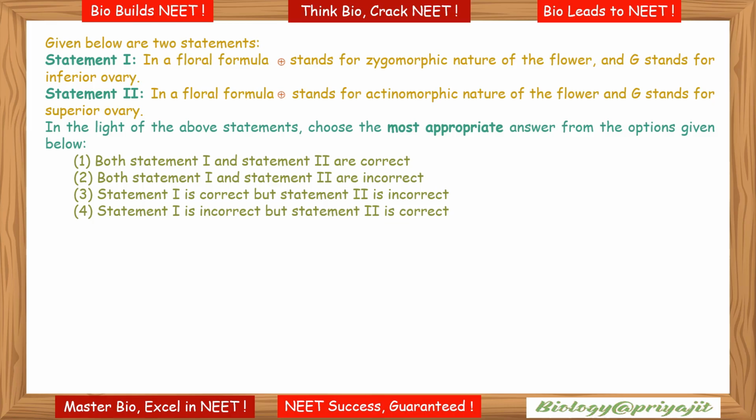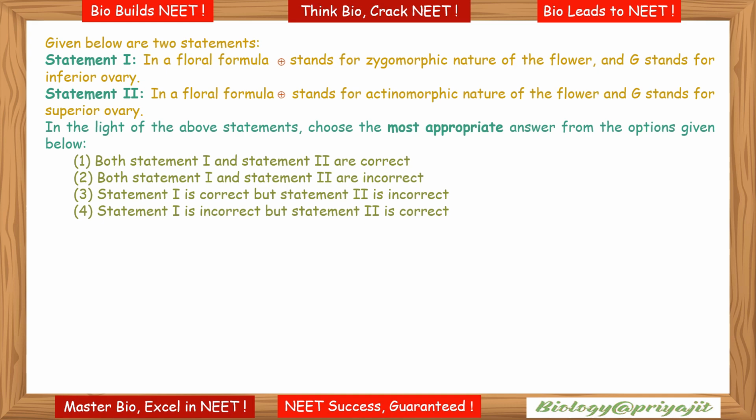Given below are two statements. Statement 1 says in a floral formula, this symbol stands for zygomorphic nature of a flower and G stands for inferior ovary. Statement 2 says in a floral formula, this symbol stands for actinomorphic nature of the flower and G stands for superior ovary. In the light of the above statements, choose the most appropriate answer from the options given below.